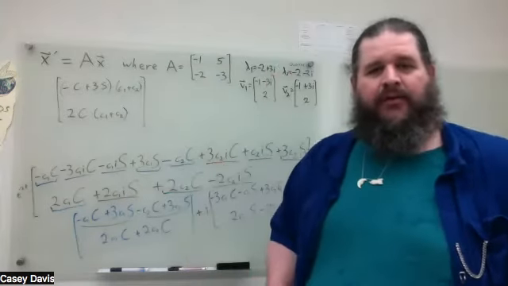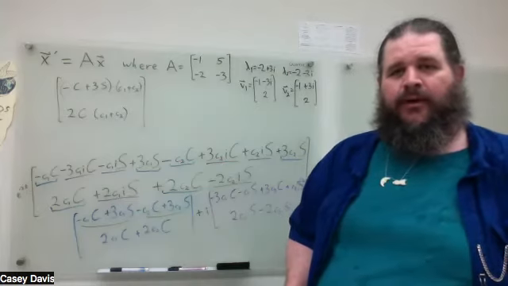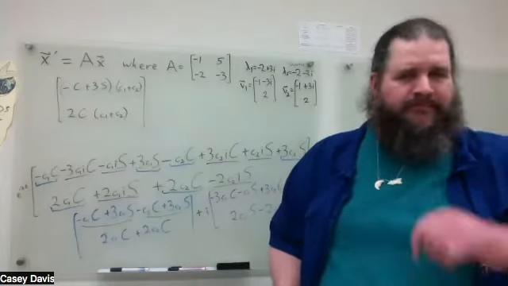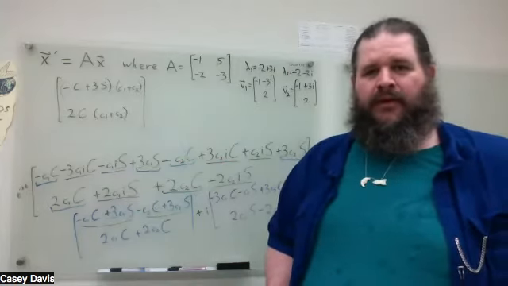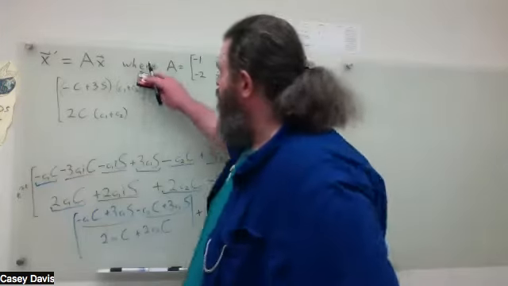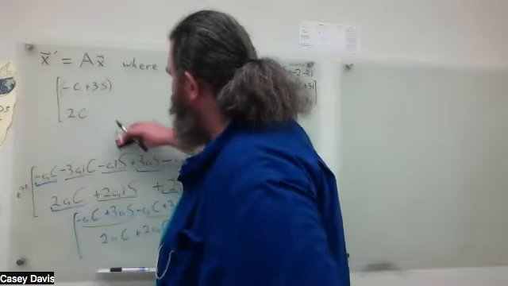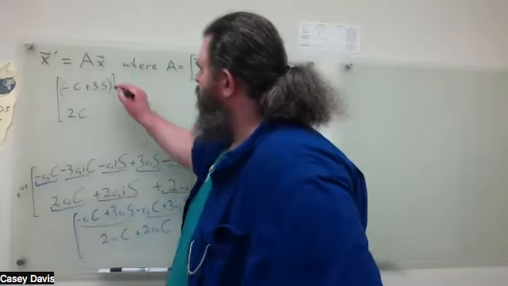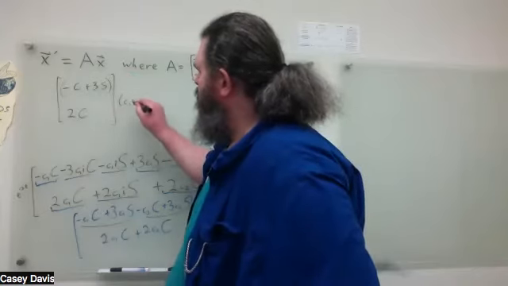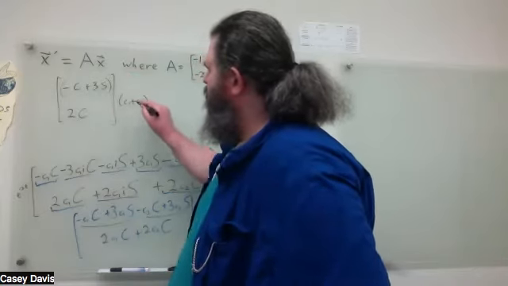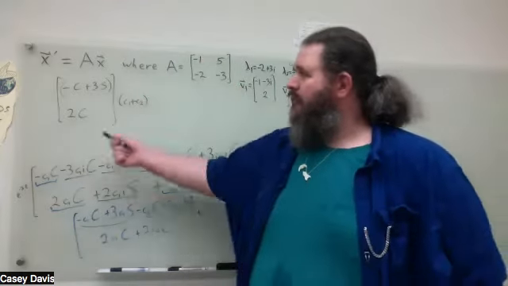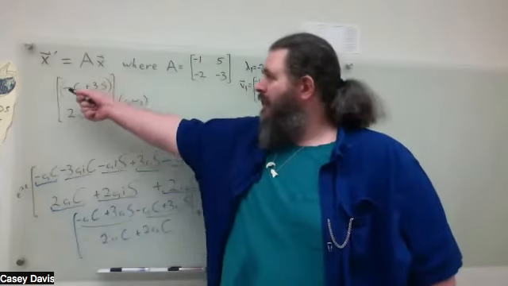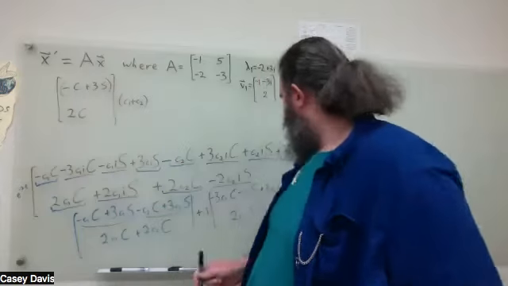In fact, since both of these now have a C1 plus C2, what can we do with that? Yeah, we can factor out the C1 plus C2. So that works much better. We now have a much simpler looking vector function. Negative cosine of 3t, that was 3t, right?